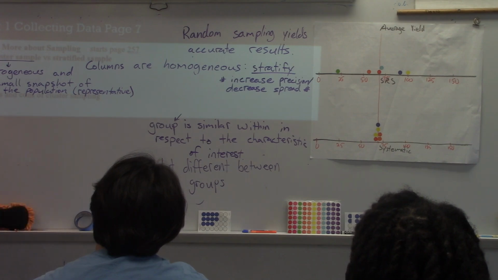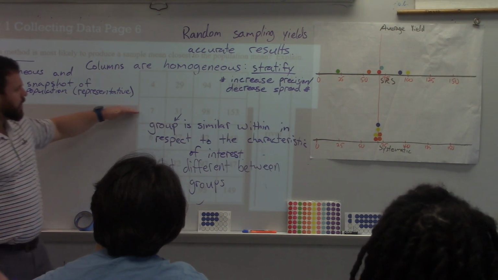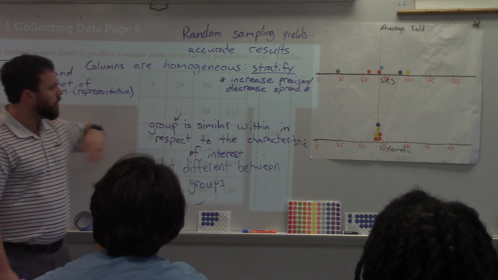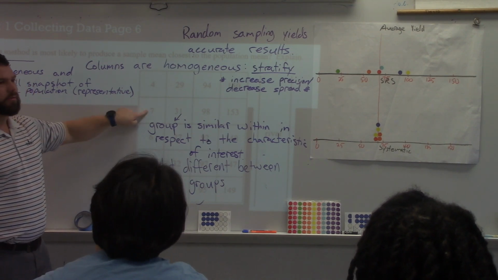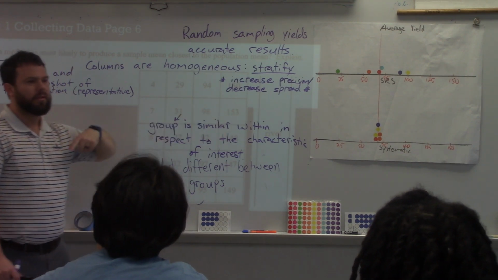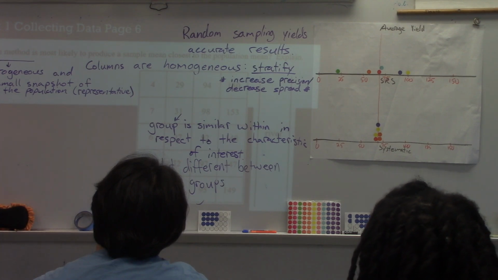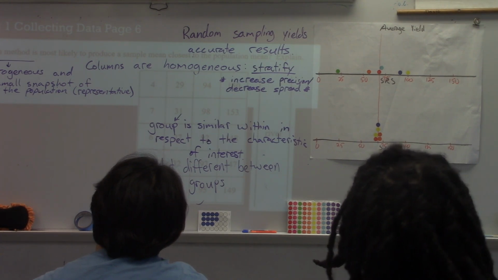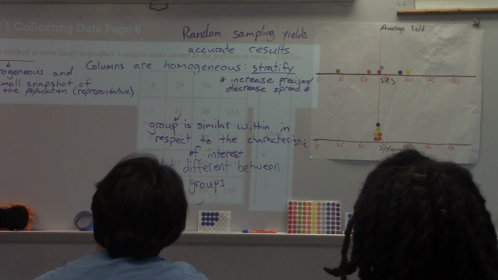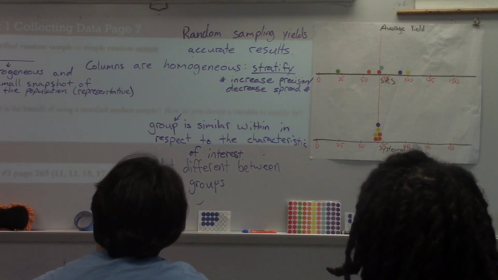When I go back and look here, does this one row look similar to what the population looks like? Yeah. We got some low, we got some mid, we got some high. That's a small snapshot. That one cluster represents the population well. So cluster, that one small snapshot of the population, represents the population well. And that's what we want with cluster.